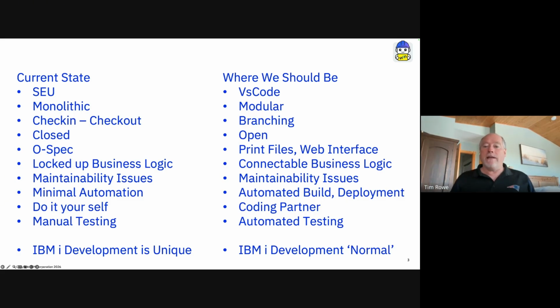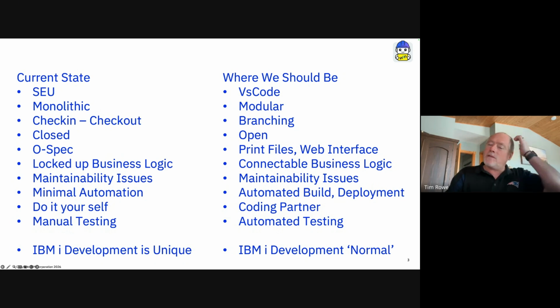How do we help people get from the current state, which is where we all started in 1989, to where we should be, which is normal modern development, which, right there at the bottom, put in special for you, Pascal: automated testing. This is huge.